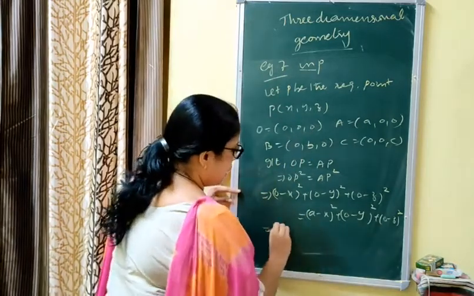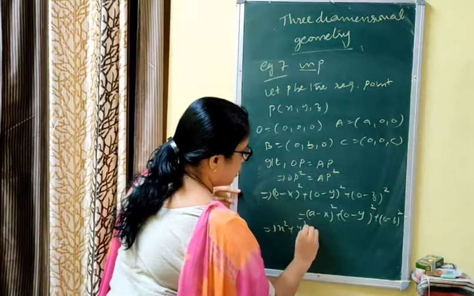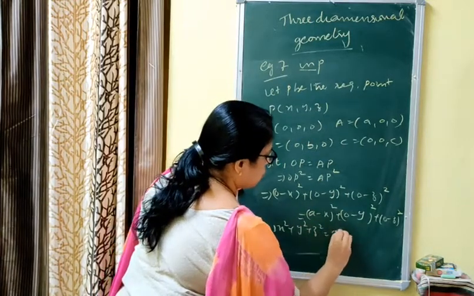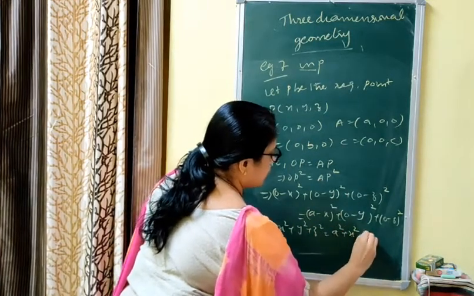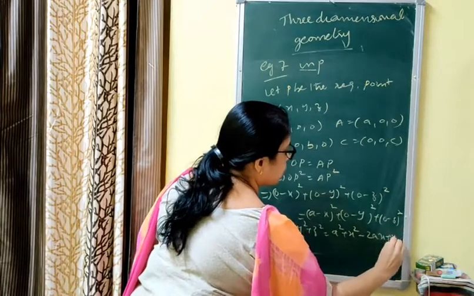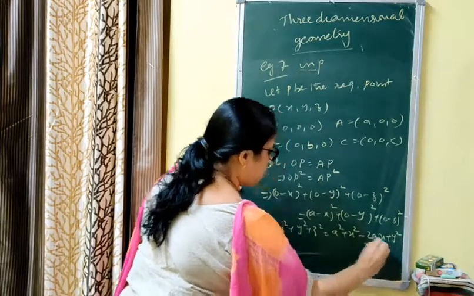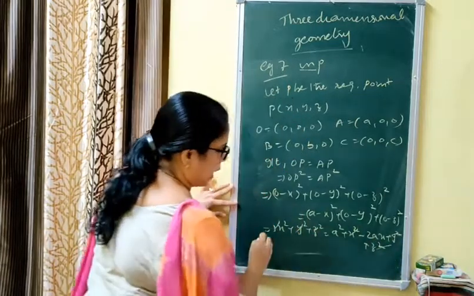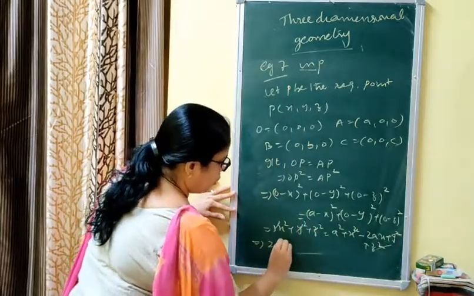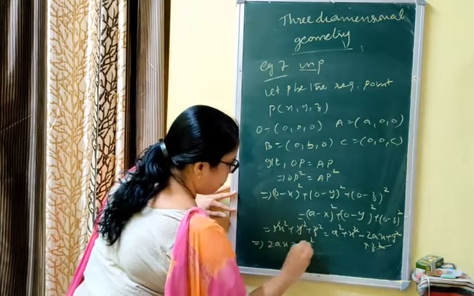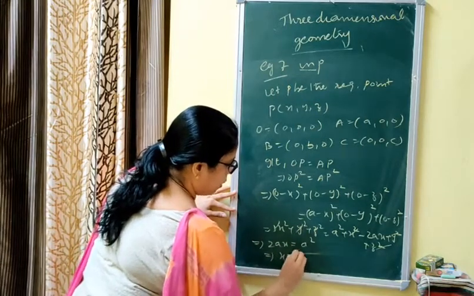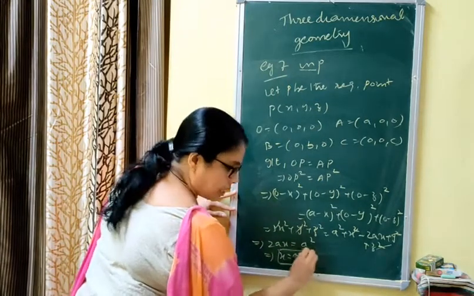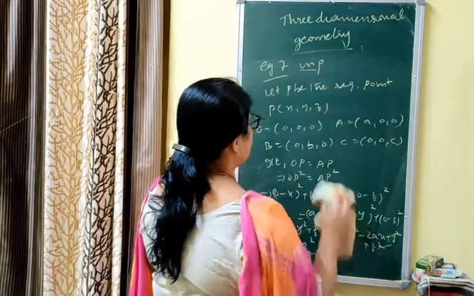That means x square plus y square plus z square is equal to a square plus x square minus 2ax plus y square plus z square. All the x square, y square and z square get cancelled. You will get 2ax equal to a square, which implies x equal to a by 2.